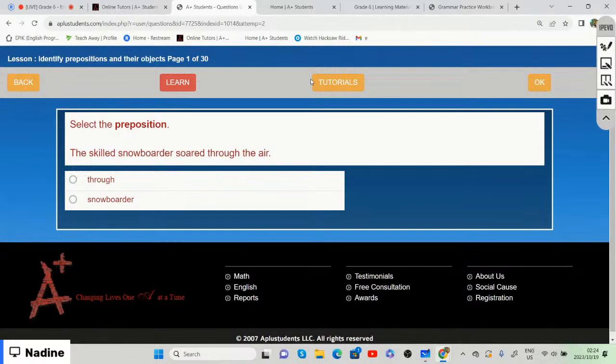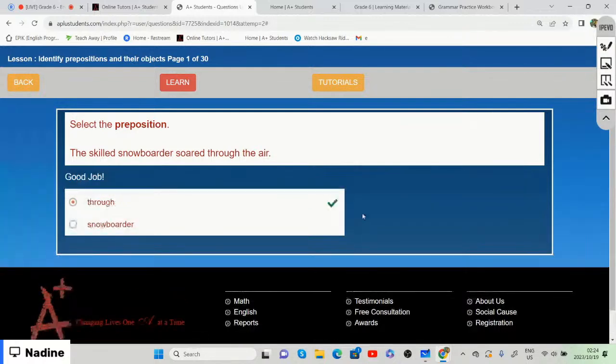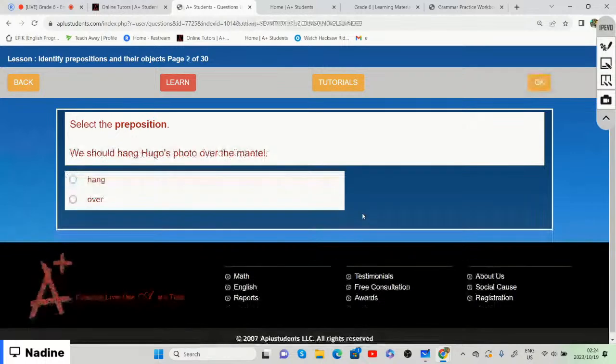If we select the preposition, we can say through. Yes, so through is correct.